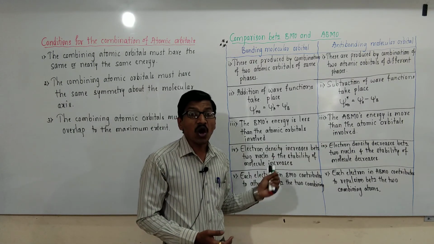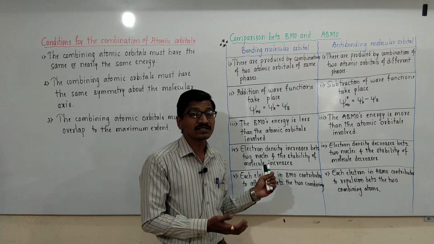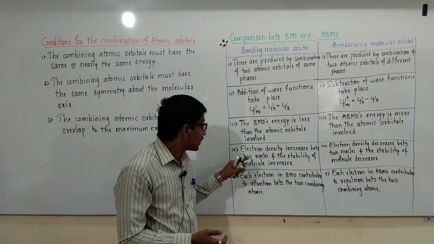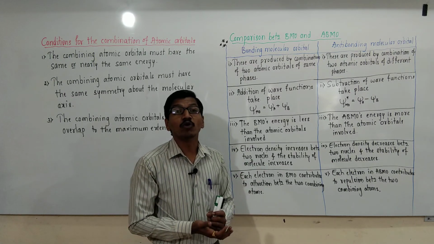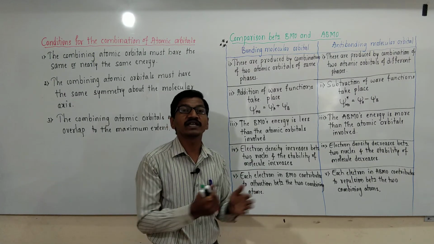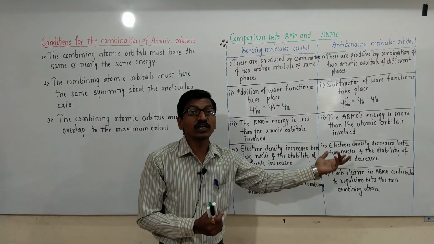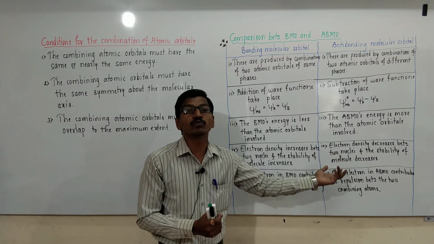The electron density increases between the two nuclei and the stability of the molecule increases. In anti-bonding, electron density between two nuclei decreases, the stability of the molecule decreases.